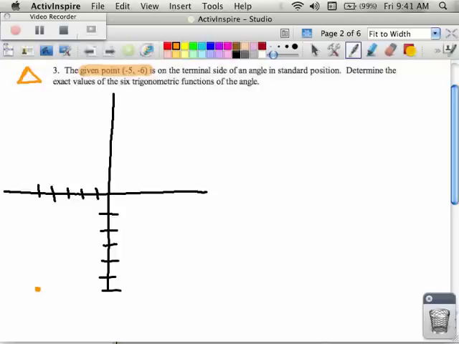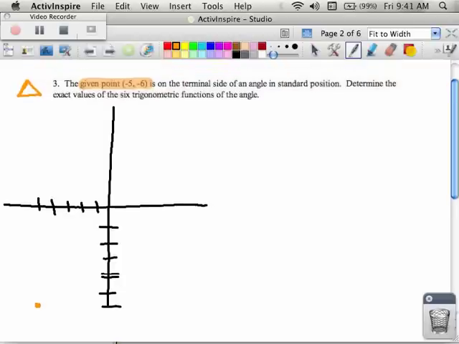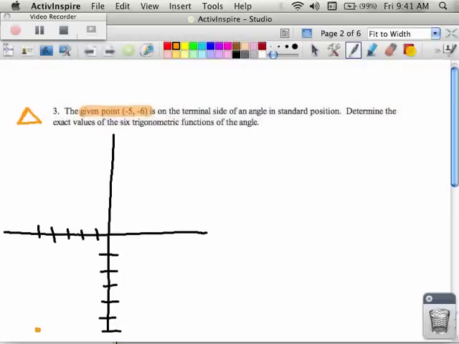And the triangle that I'm talking about always goes from the point to the origin.